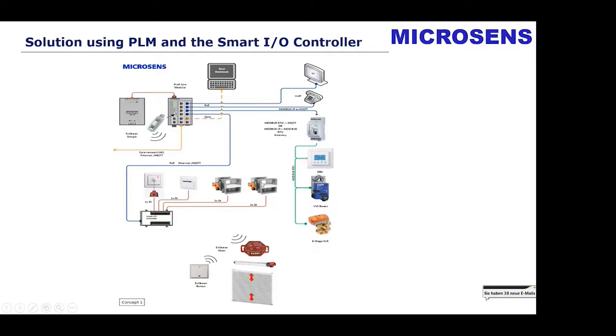The data we get from this part, where we have Modbus devices, could be treated inside the application the same as data we get from the smart I/O controller. And last but not least, over this Notion dongle we can also pick up information wirelessly, or from a Notion wall button or an actuator for blinds.